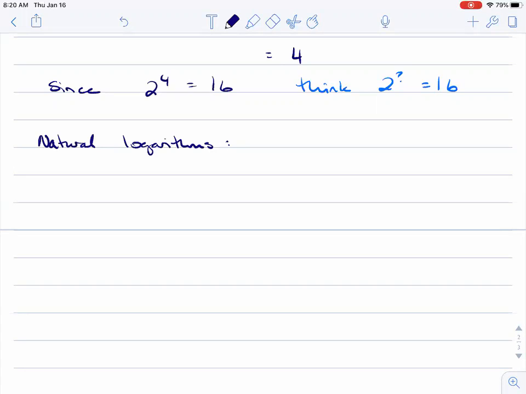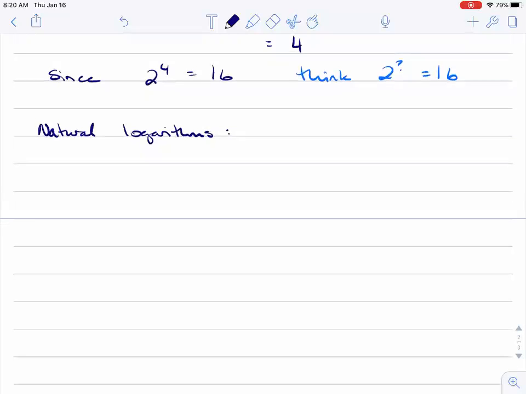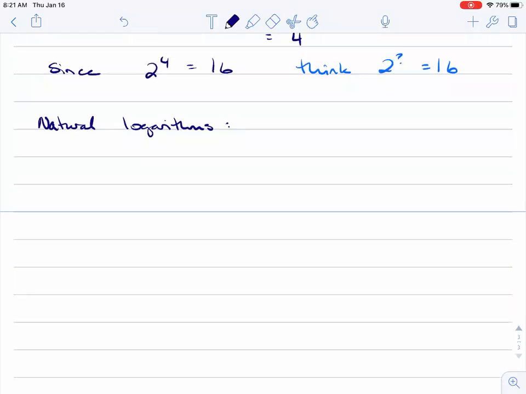But what we'll find is that often the most convenient base is going to be e, right? e is just a constant. It keeps going forever and ever, but it's still just a constant. And we talked briefly about e, because of the slope of the tangent line at what was it? 1, something like that. Can't remember exactly. We'll get there. We'll review it.